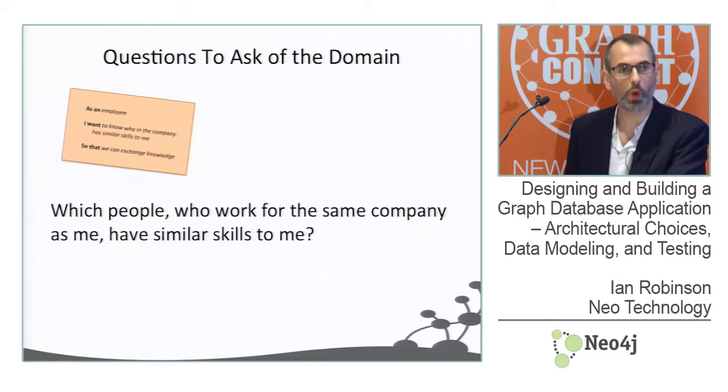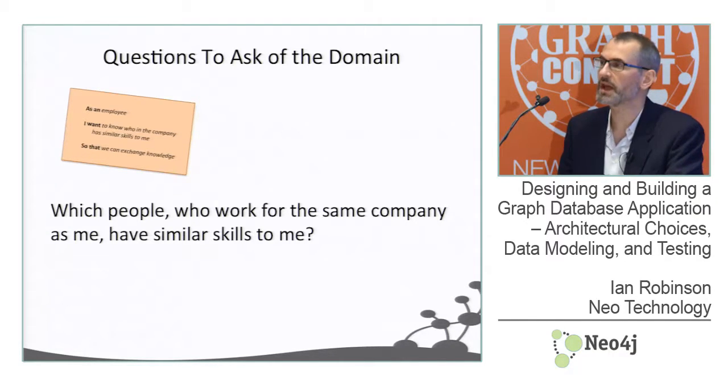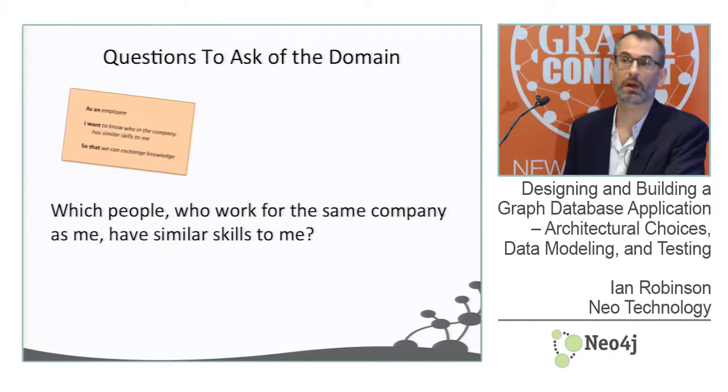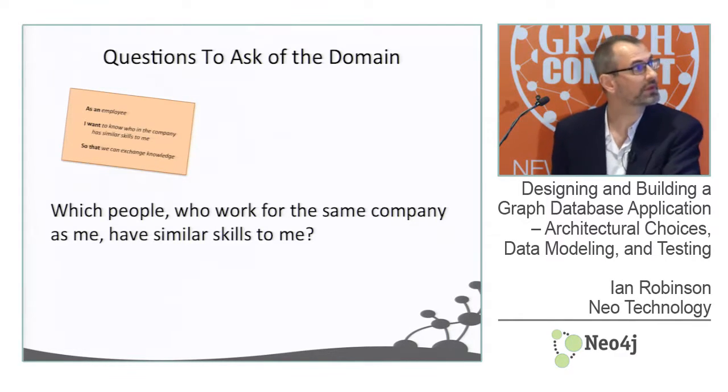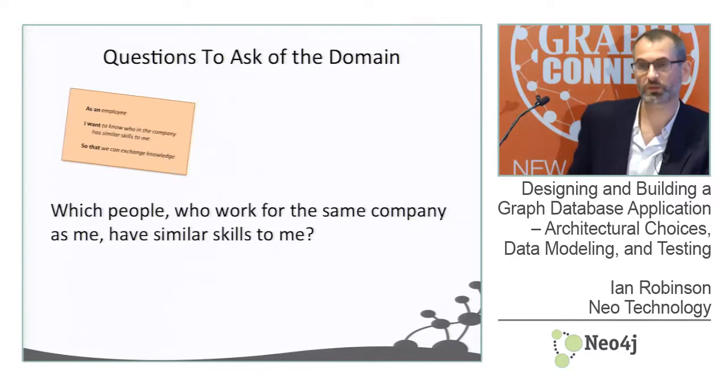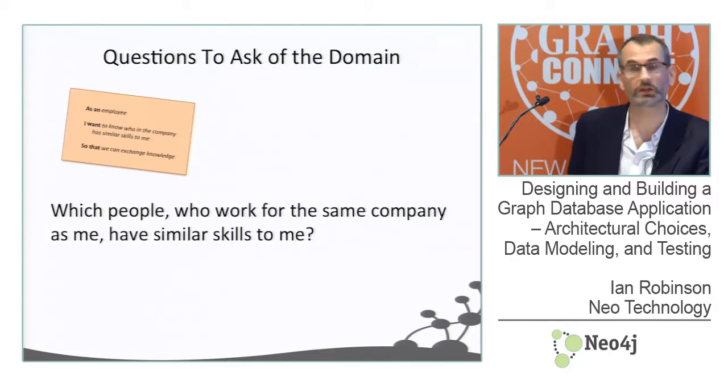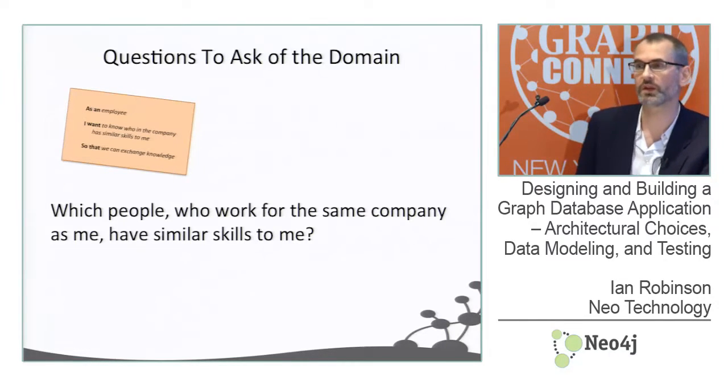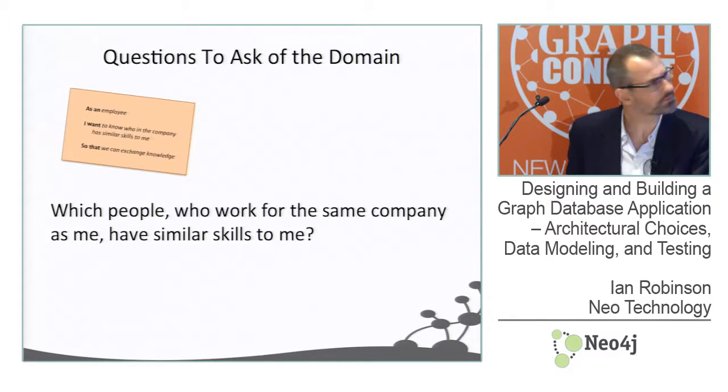So the story is what we're trying to achieve. The questions that we would want to ask of our domain help indicate how we would go about satisfying that goal. So all I've done is take that story and turn it around a little, into a question: the question that I would have to ask of my domain in order to satisfy this goal.